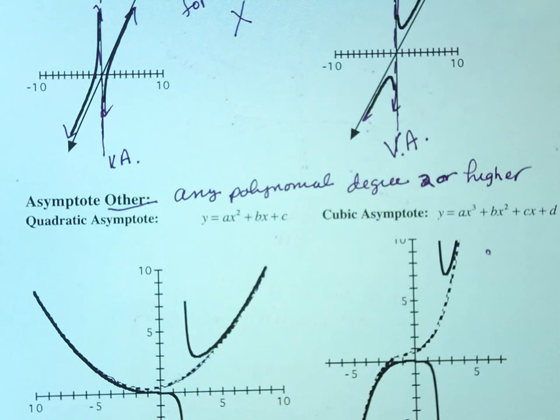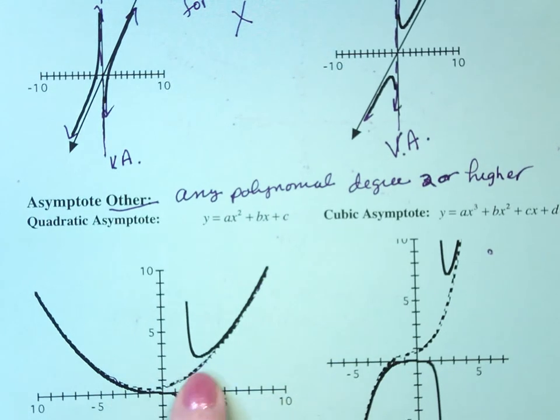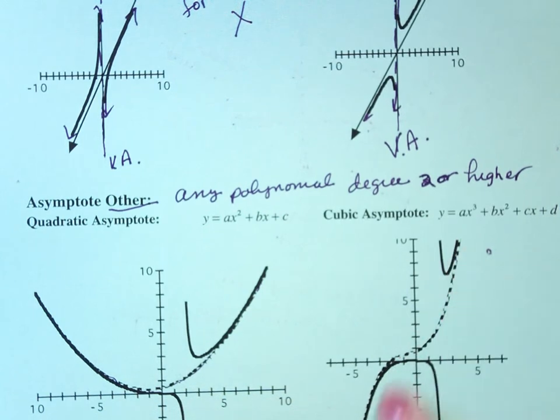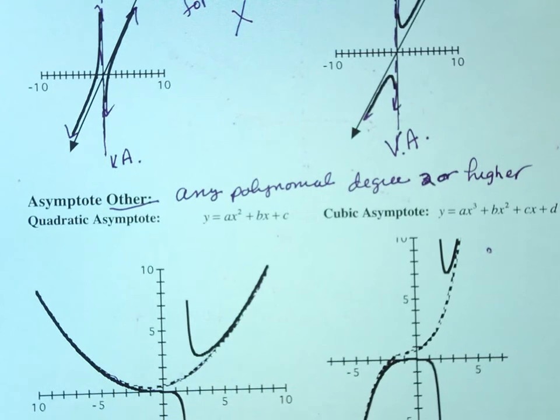Degree 1 is a line, y equals mx plus b. And anything quadratic or cubic or higher is going to be degree 2 or higher. That's where we have the quadratic asymptote and the cubic asymptote. These are all end behavior asymptotes, and there are 3 of them.